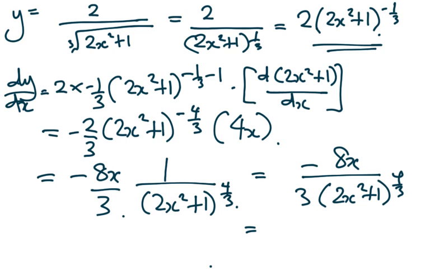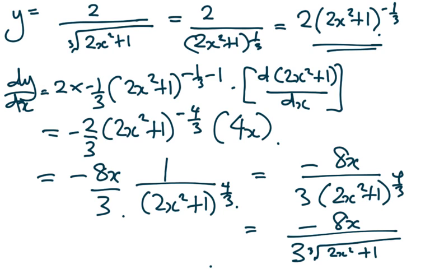Or if you want to simplify further, you could, which gives you negative 8x over 3 times the cube root of 3, so 1 over 3, and this is 2x squared plus 1, and the whole thing to the power of 4. Those who don't want to simplify further, if you think you'll make some careless mistake, you can leave it here. That's not a problem.